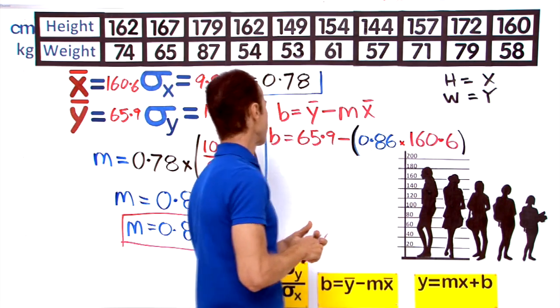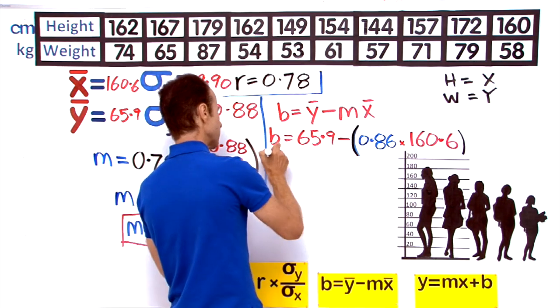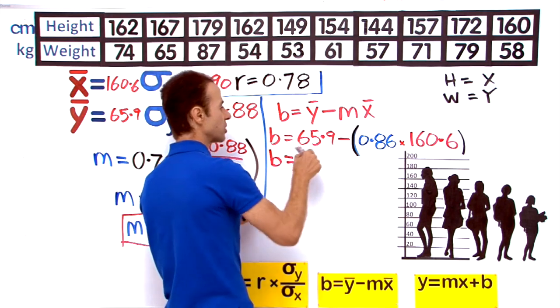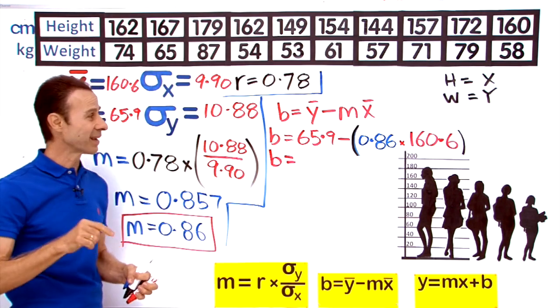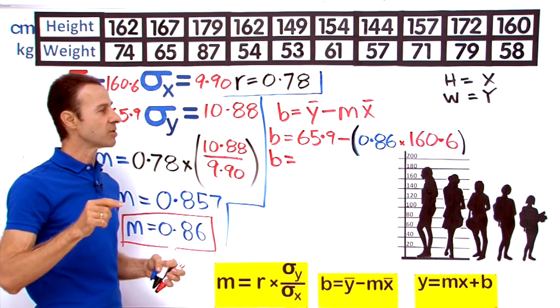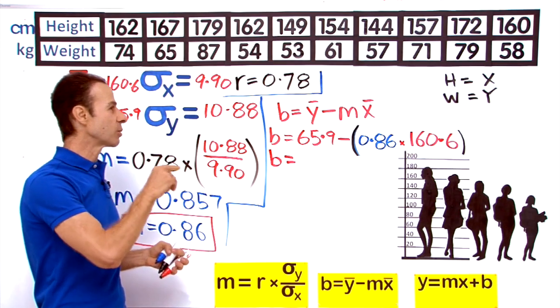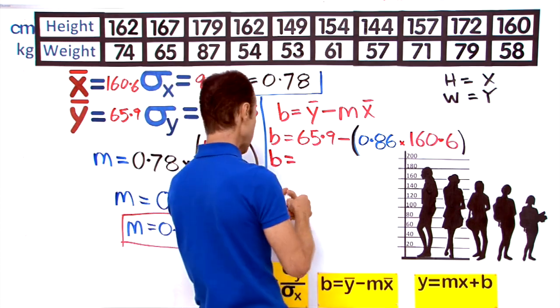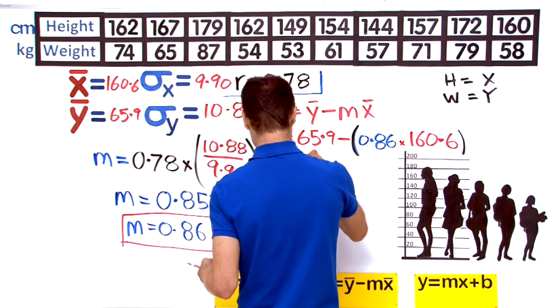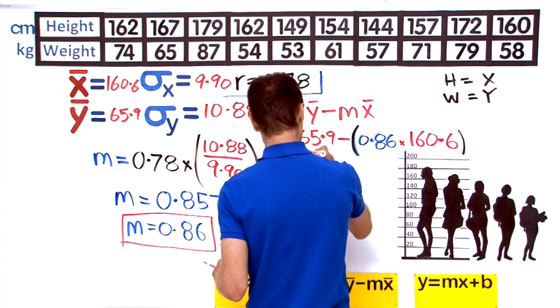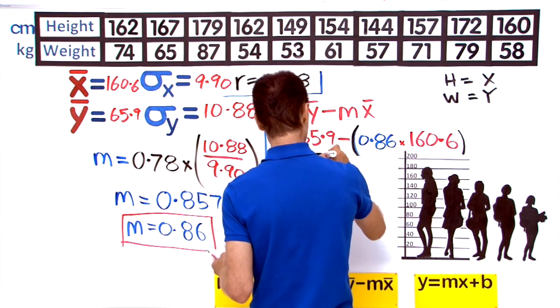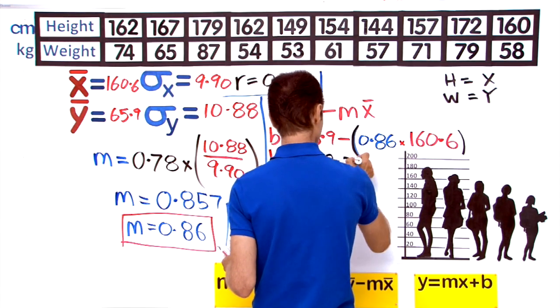Okay, let's put that in our calculator. So B, the y-intercept, is equal to 65.9 minus bracket 0.86 times 160.6, close bracket. Altogether, the y-intercept equals B equals, it's going to be a negative, it's negative 72.22.